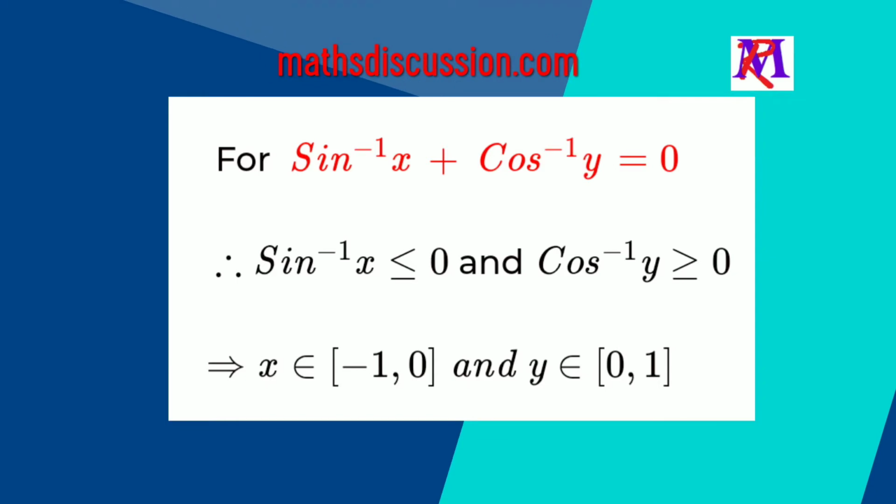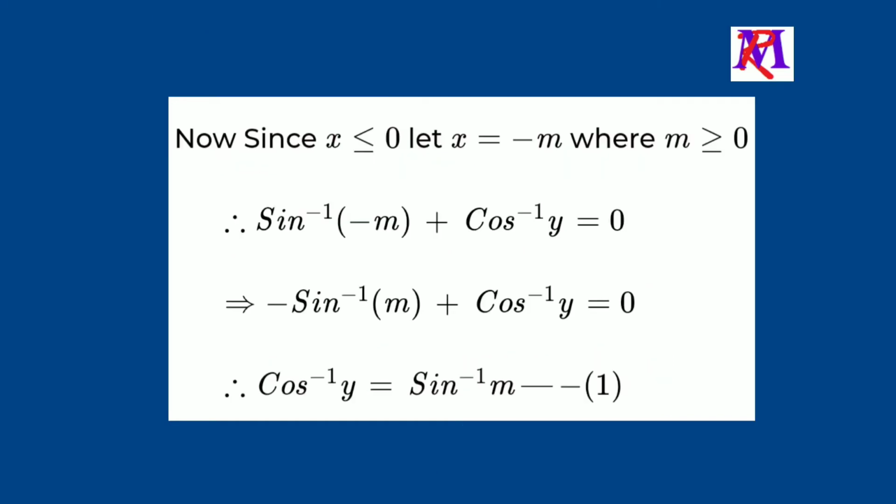Now for the given equation to be 0, it is a must that sine inverse of x is less than or equal to 0, and simultaneously cos inverse of y is greater than or equal to 0. That means x will be in the interval from -1 to 0, and y will be in the interval from 0 to 1. That means whatever the locus is, it will exist only in the second quadrant.